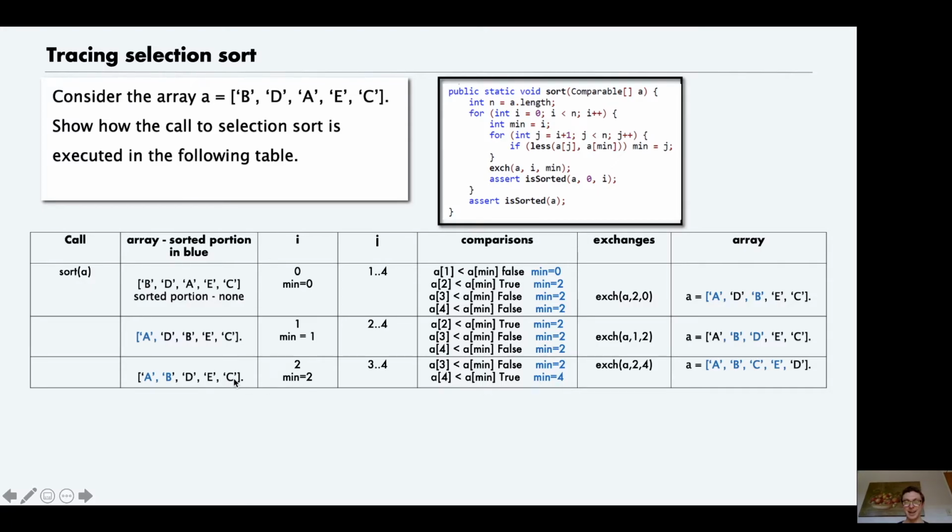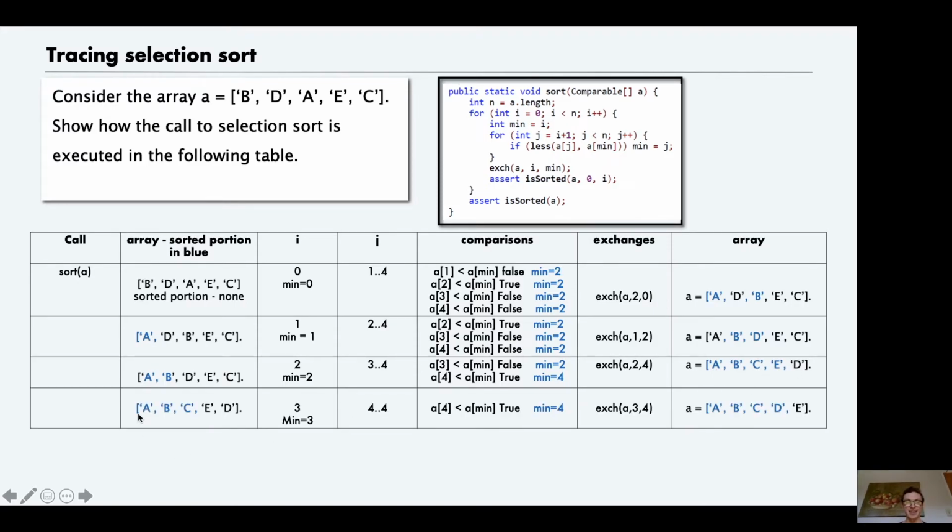And now that we're at the end of the array, we'll exchange 2 and 4 to swap C and D. So now our array looks like A, B, C, E, D. And the sorted portion of the array is A, B, and C. And notice that D got swapped to the end of the array.